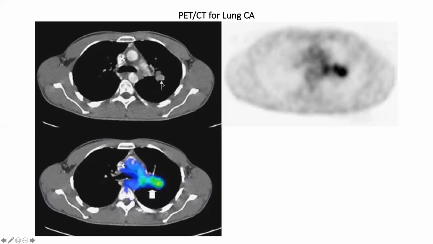Here you could go in there and surgically just take that thing out, right? This, not so much, right? So it's going to change the therapeutic approach on this. And without the CT, this is what you see on the PET, right? And so the CT really helps put things in perspective where exactly they are in the anatomy.